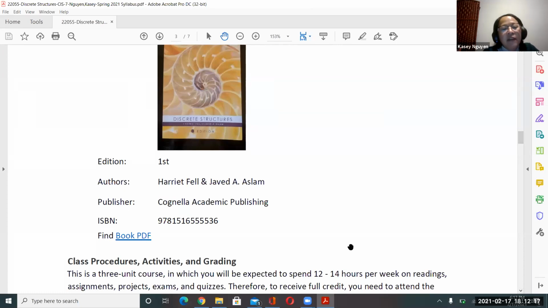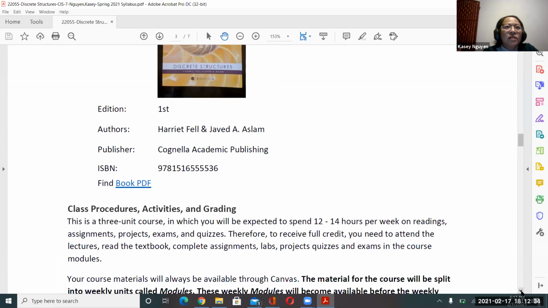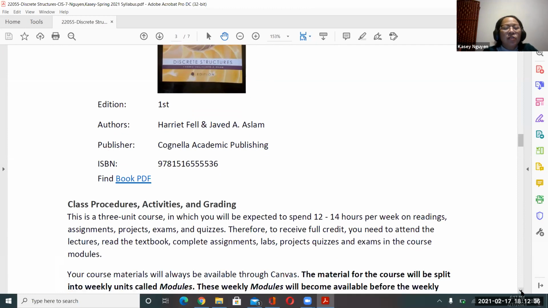It's not perfect, of course, but it has all the components that we need to cover. And if there's anything missing, usually I supplement it with my notes and materials in addition to the book. And of course, you can use resources online. You can do additional research on your part if you like.